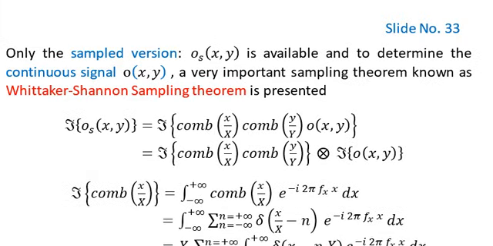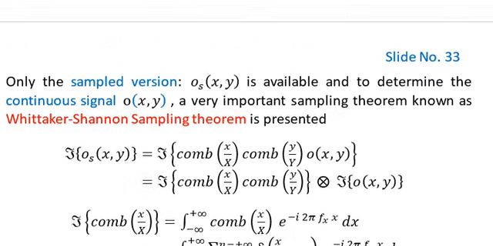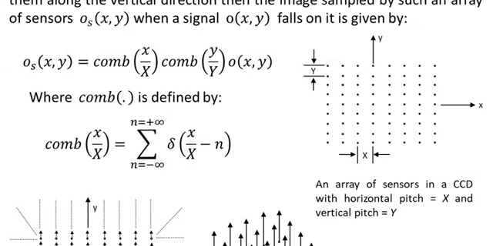Now you see that we have to do some calculations in the Fourier domain. That is, we have to calculate the Fourier transform of this equation. So in the Fourier transform, the Fourier spectrum of o_s, which is small o_s, will be represented by capital O_s, and this quantity, the continuous signal o at x, y, which is in the space domain, will have its Fourier spectrum as capital O at the Fourier variables fx, fy.